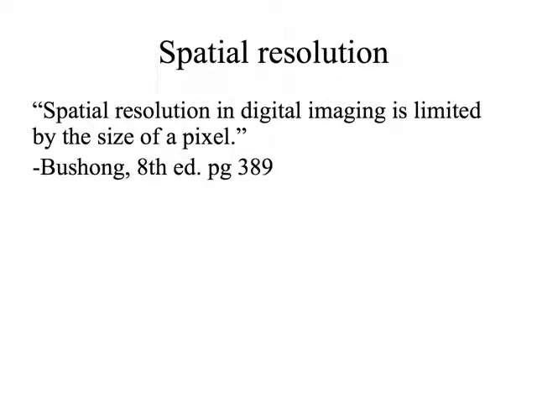Spatial resolution. Again, spatial resolution in digital imaging is going to be limited to the size of the pixel, right? And that's not just the pixel value of the IR now, but also the pixel value of the monitor, right? Because what we've done is we've passed this signal back and forth from digital to analog, analog to digital, and now it's back at our monitor and it's being represented by pixels on our monitor.